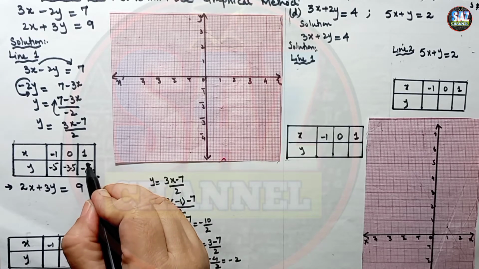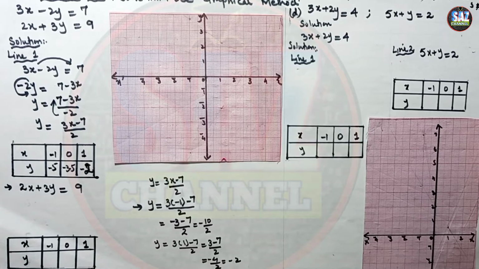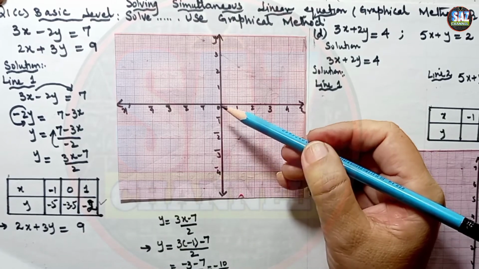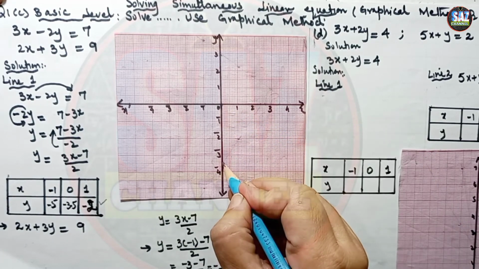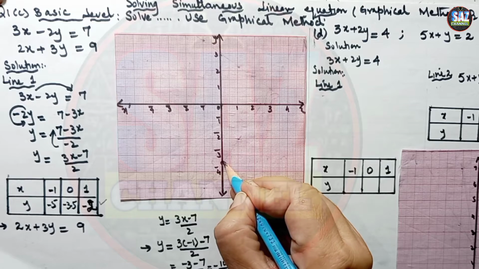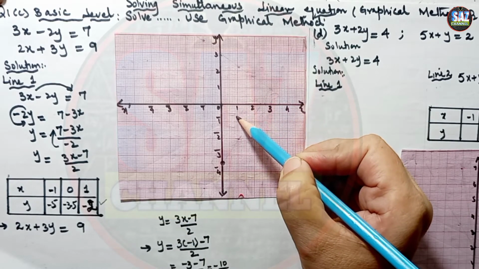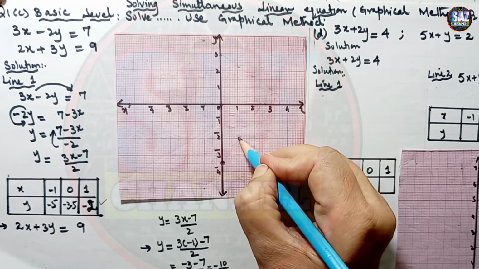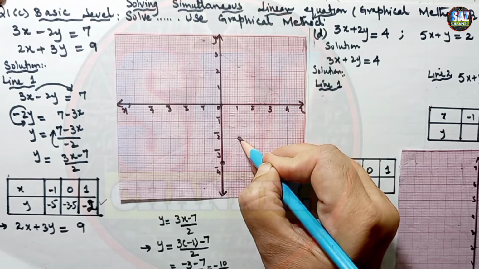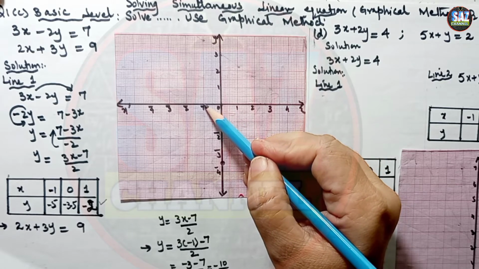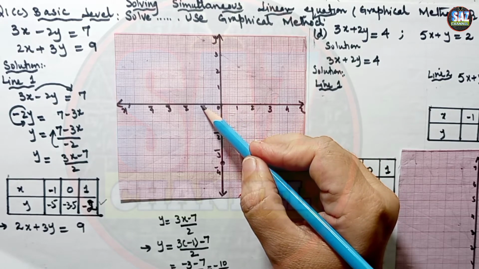Now what I have to do, I have to plot these points on the graph paper carefully. When x is 0, y is minus 3.5. So first point will be coming at this place. When x is 1, I have to reach at x equals to 1 and y is minus 2. The second point will be coming at this place. When x is minus 1, x minus 1 is towards the left hand side.